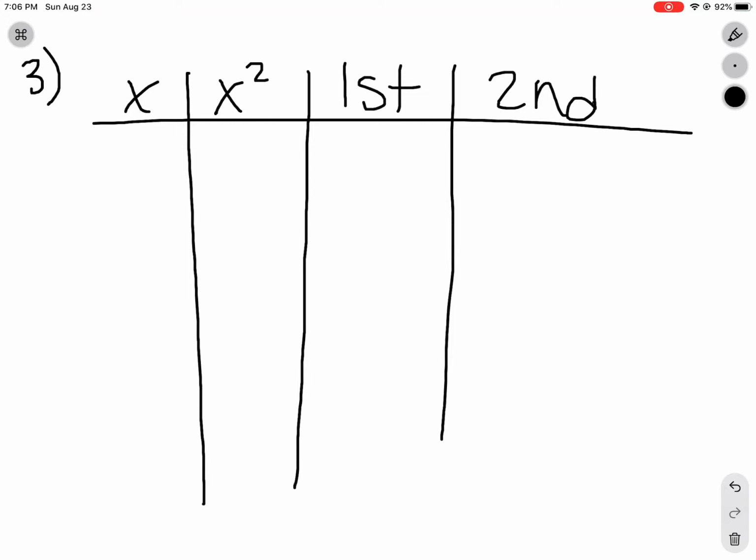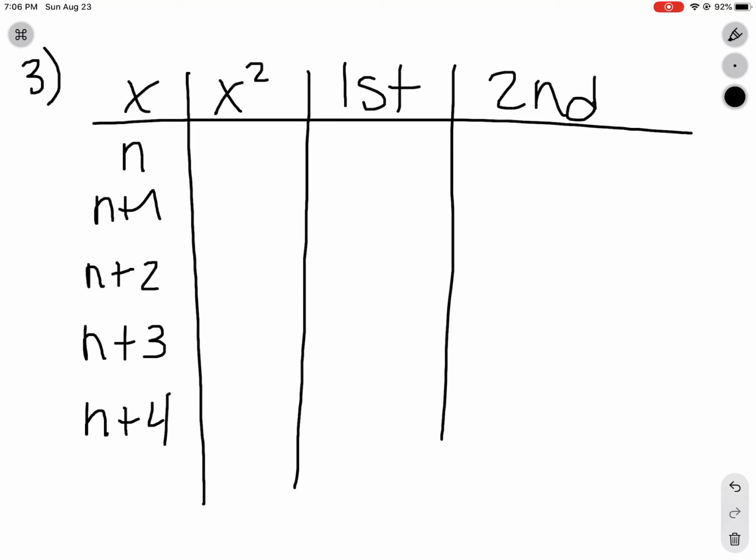You're not using numbers, you're actually using stuff with variables. So they want you to use n plus 1, n plus 2, n plus 3, and n plus 4. So that's what you're plugging into x squared.